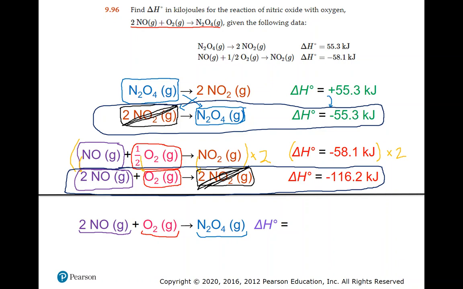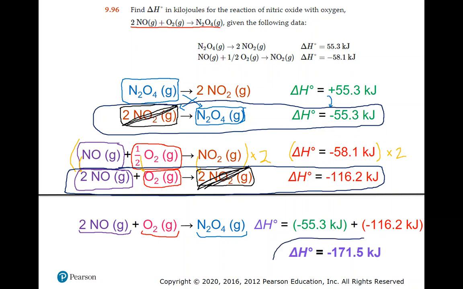And if we then also add the associated enthalpy changes for those modified reactions, we'll get the enthalpy change for that final reaction. And if we add our two values together, negative 55.3 kilojoules and negative 116.2 kilojoules, we get our final answer, which is negative 171.5 kilojoules. So this is the standard enthalpy change for our final reaction.